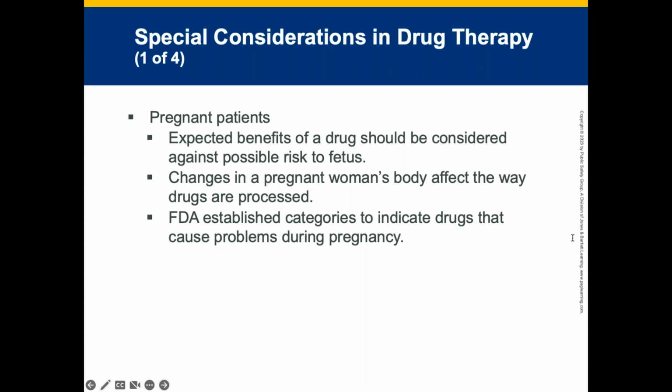They've now replaced that with a more detailed system that uses narrative summaries to convey prescribing information related to pregnancy, including labor and delivery, lactation, and risks of the medication to male and female users with reproductive potential. So instead of A, B, C, D, and X, now they've gone to a more narrative form.